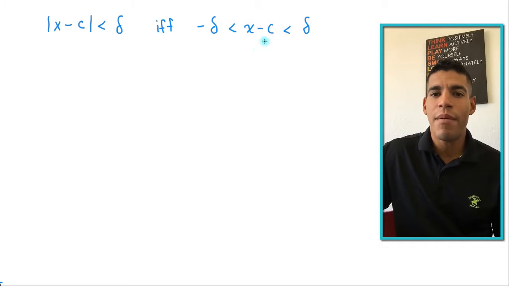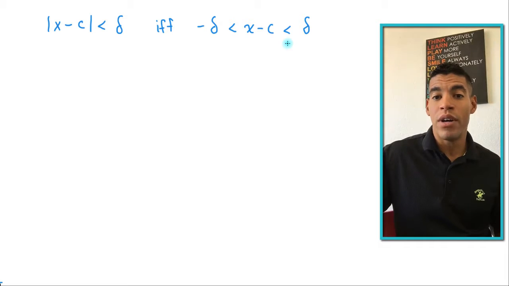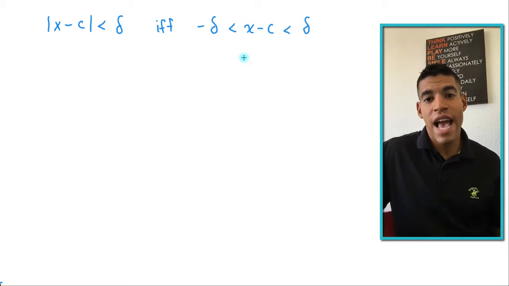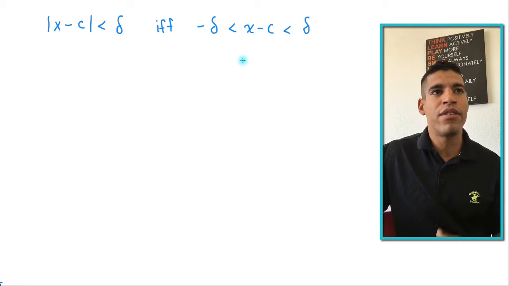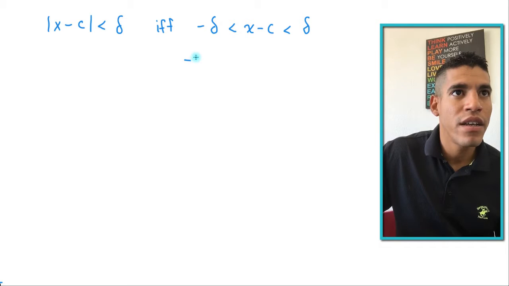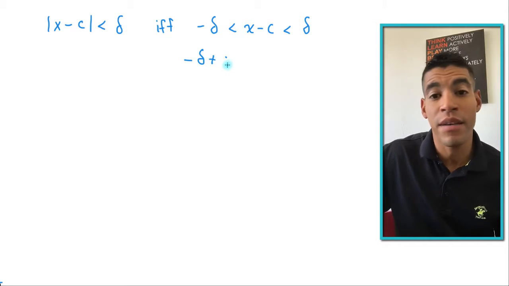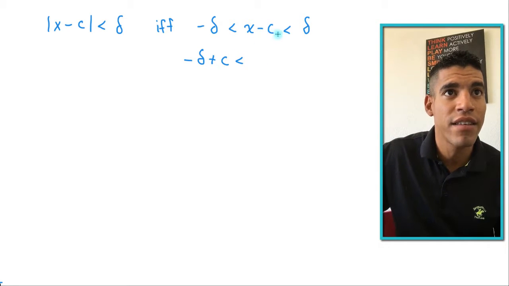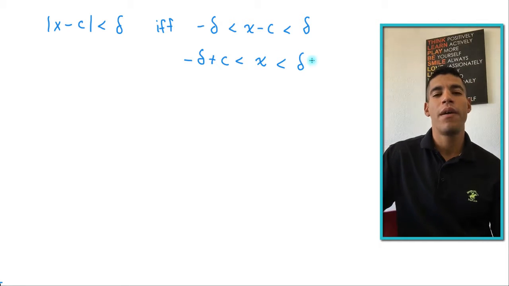Well, notice that I can isolate for x. Because in the property below or next to it, there was just x. I can isolate x by adding c in both sides. So if I have minus delta plus c less than x minus c plus c, which is just x, less than delta plus c. Okay?